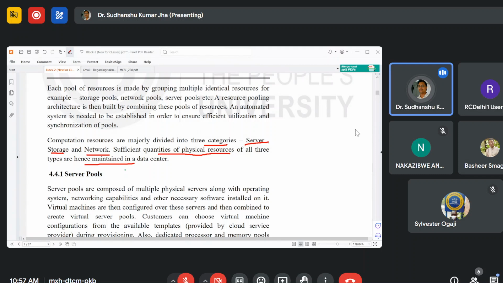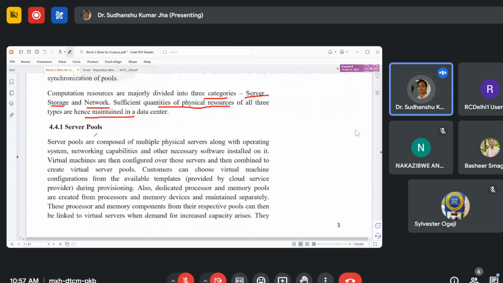Basically, the customer demands server or computational services, storage space, or network services, so these may be required in the market.